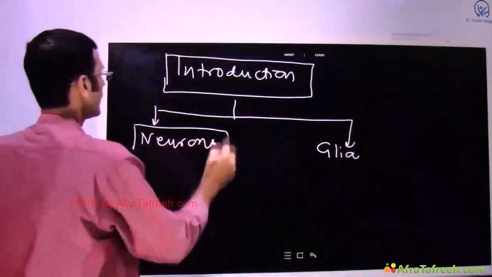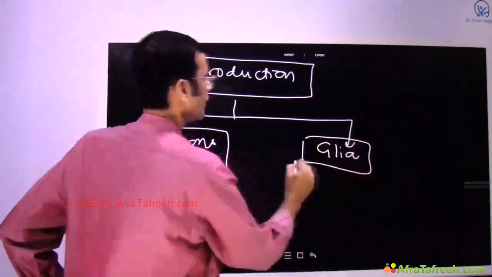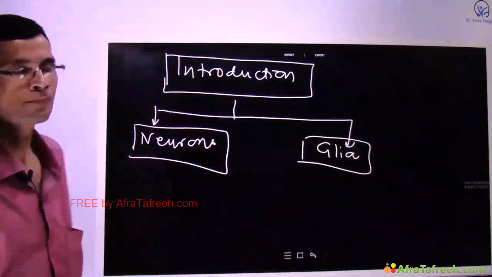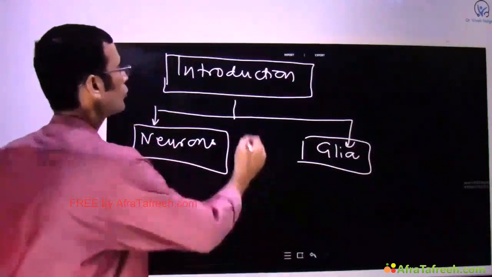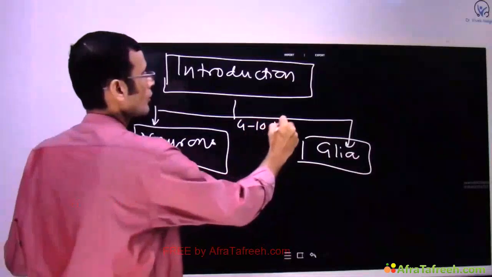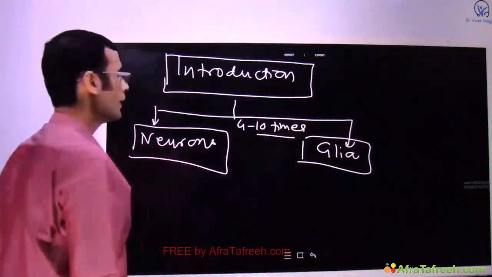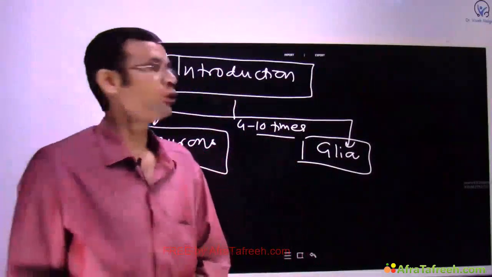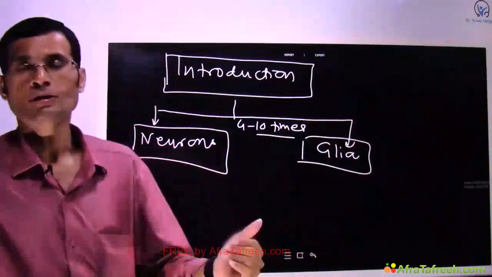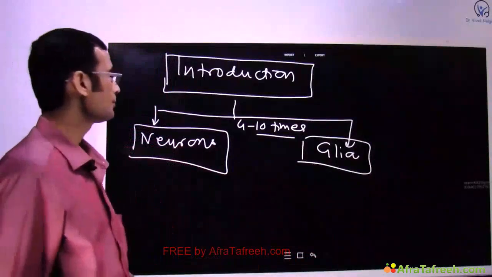Neurons and glia, two types of cells in the CNS. There are 4 to 10 times more glia as compared to the number of neurons. So glial cells outnumber the neuronal cells in the CNS.